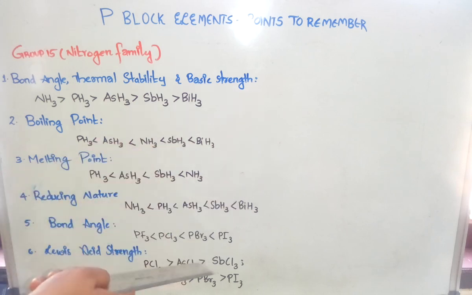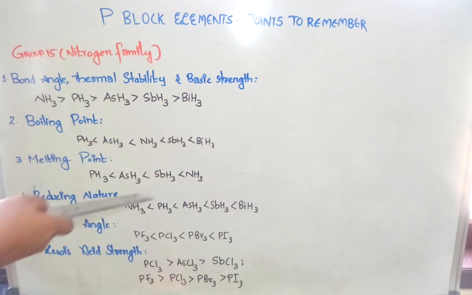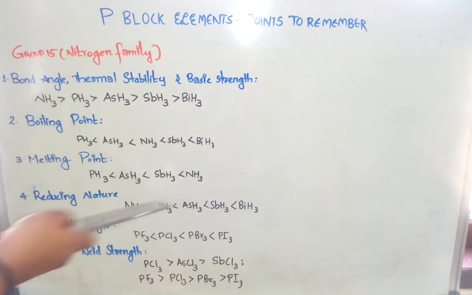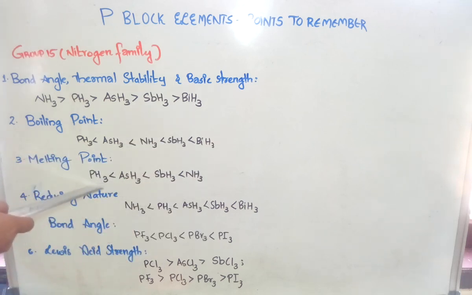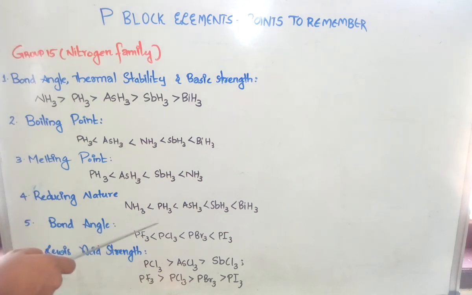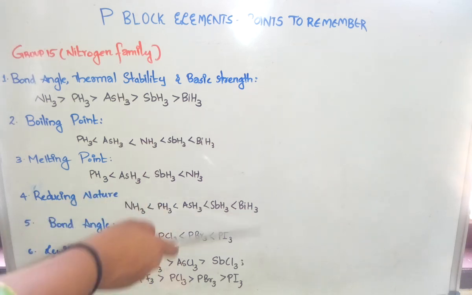In the melting point, it shifts one more position, and it follows this order: PH3 < AsH3 < SbH3 < NH3. Then comes reducing nature. The reducing nature is the least for NH3, and the most for bismuth hydride.